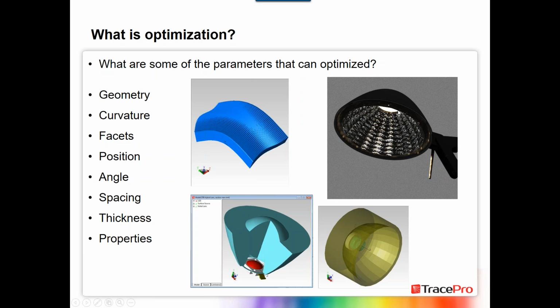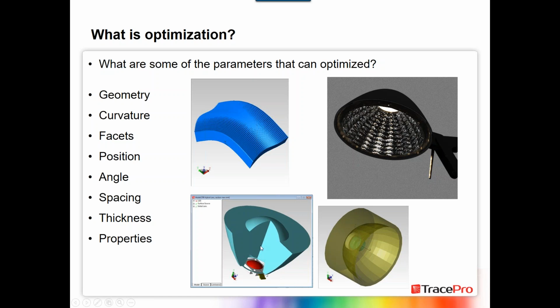This is a reflector with an LED source, and in this case it has curved facets on the inside, and we can optimize those curved facets. We could change the curvature of them, things like that. This is photorealistic rendering. We're seeing some specular highlights off of those curves.